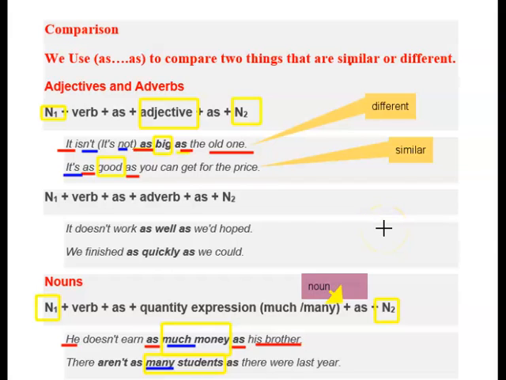Now, one very important thing that I want to add to you is this. Sometimes we can use just as big, just as small for emphasis, يعني للتركيز. Okay, أو الدلالة على الدقة. Just as big as mine. Okay, just as big as mine.